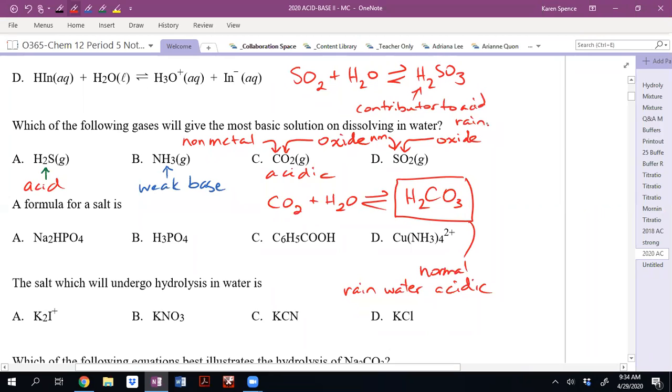There's other things involved in acid rain as well. So in answer to number 2, who is going to have the most basic, that's going to be NH3, which is the only one of them that is a base.